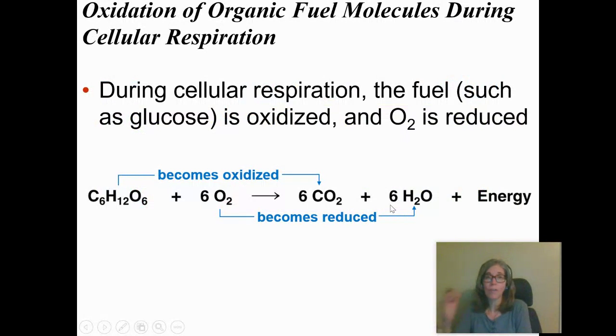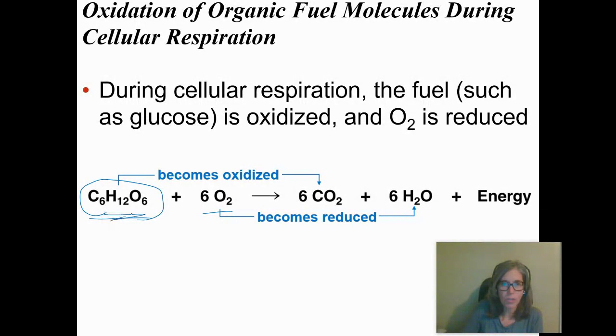Okay, so we are finally at cellular respiration. Let's take a look at this. Here's glucose and here's oxygen, right? And so here's glucose, and you can see between here and here, what's it missing? Well, to go from glucose to carbon dioxide, you've lost a whole bunch of hydrogen atoms, right?